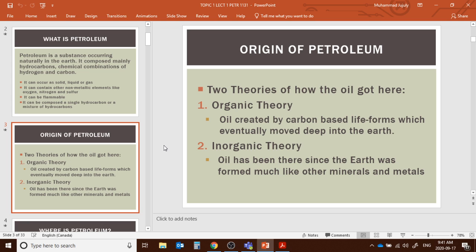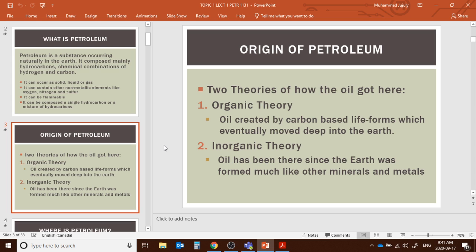Now, the origin of the hydrocarbon, or the origin of petroleum. There are two different theories. One is the organic theory, and it says the oil was created by carbon-based life forms, which eventually moved deep into the earth. For instance, the dinosaurs.